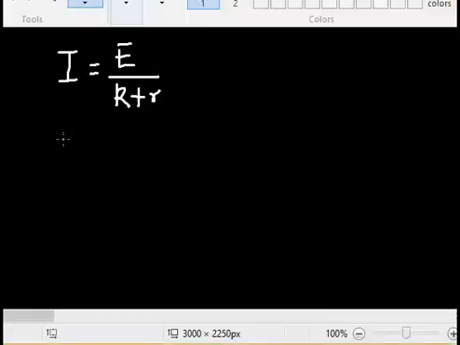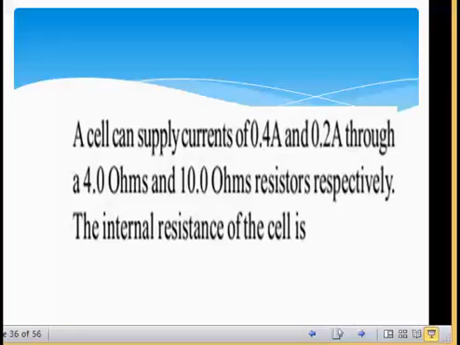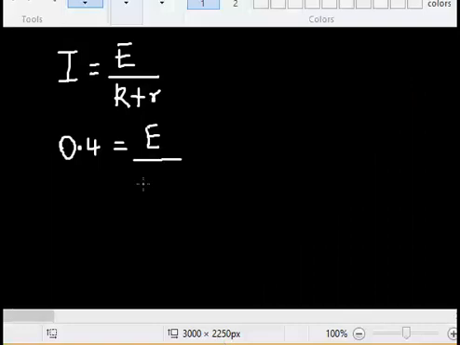So that means 0.4 ampere is equal to E, which wasn't given to us, the EMF of this cell, over the external resistance of 4 ohms plus the internal resistance, which is what we are looking for. So this is equation 1.